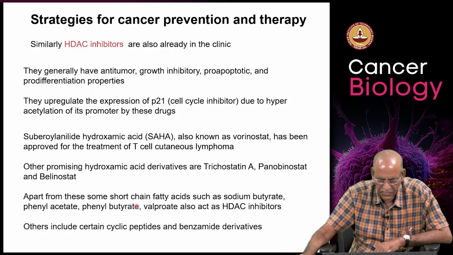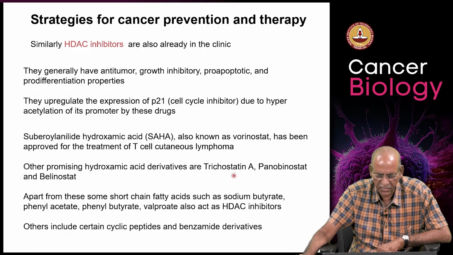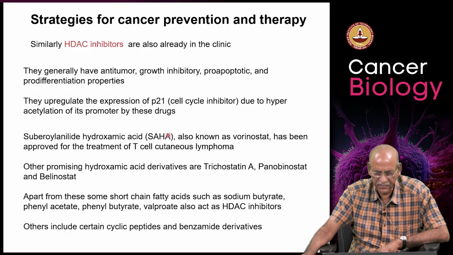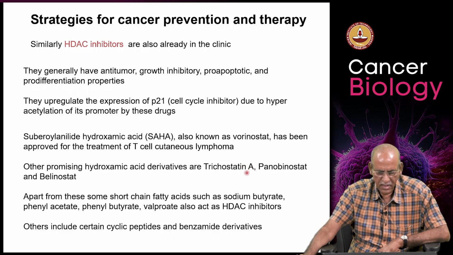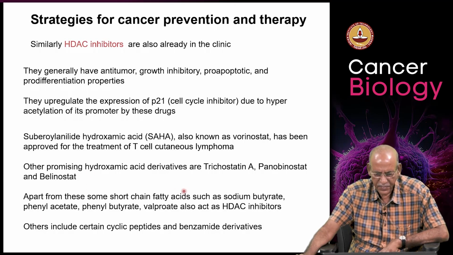That is one example. Another example is trichostatin A. I want you to remember this. This is a derivative of this SAHA, trichostatin A. The commercial names you do not have to worry about, panobinostat and belinostat and all that.